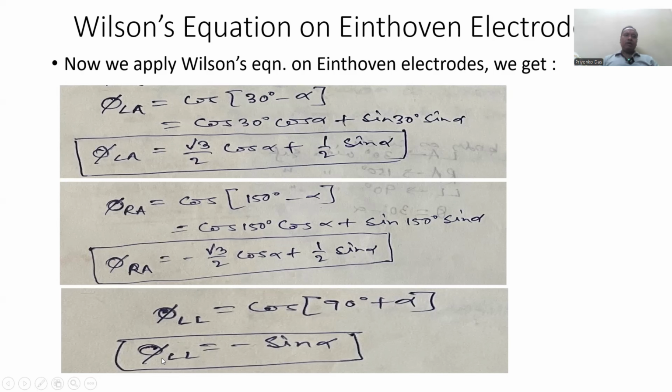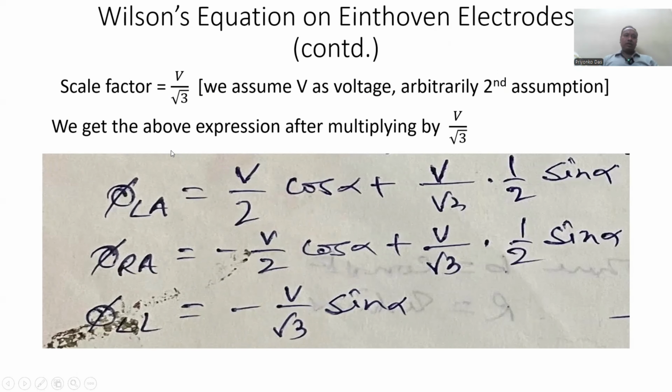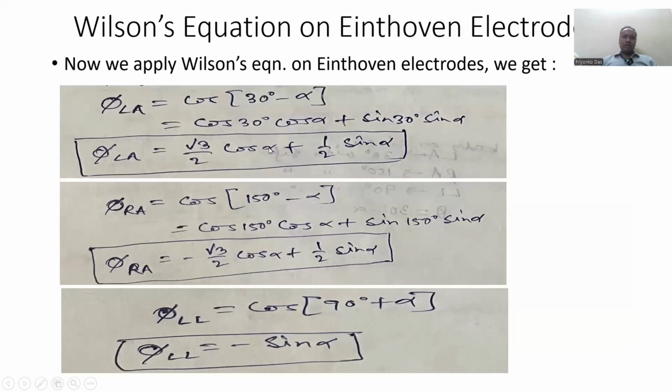So he got phi LA is equal to V by 2 cos alpha plus V by root 3 into half sin alpha. Phi RA becomes minus V by 2 cos alpha plus V by root 3 into half sin alpha, and phi LL becomes minus V by root 3 sin alpha.